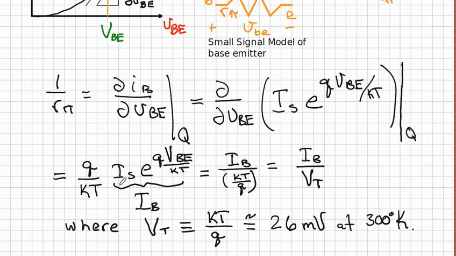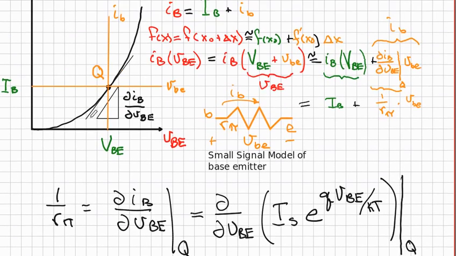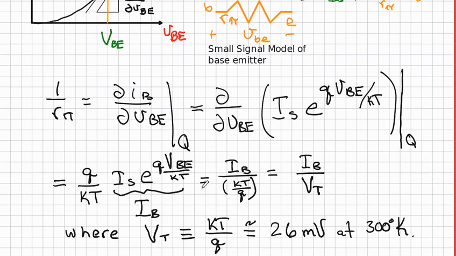And this term in the braces, the I_S and following here, is really just big I_B, as you can see right here. If you put in and evaluate on this black curve right here, you get big I_B. So let's just call it big I_B. And we can have big I_B divided by this quantity kT over q. This quantity kT over q has units of voltage, and we call it the thermal voltage. And at room temperature, kT over q is approximately 26 millivolts.